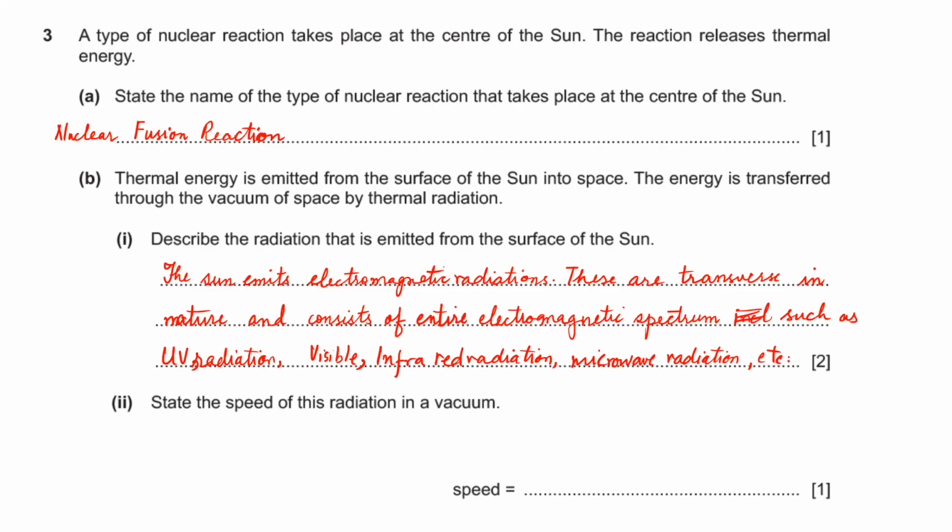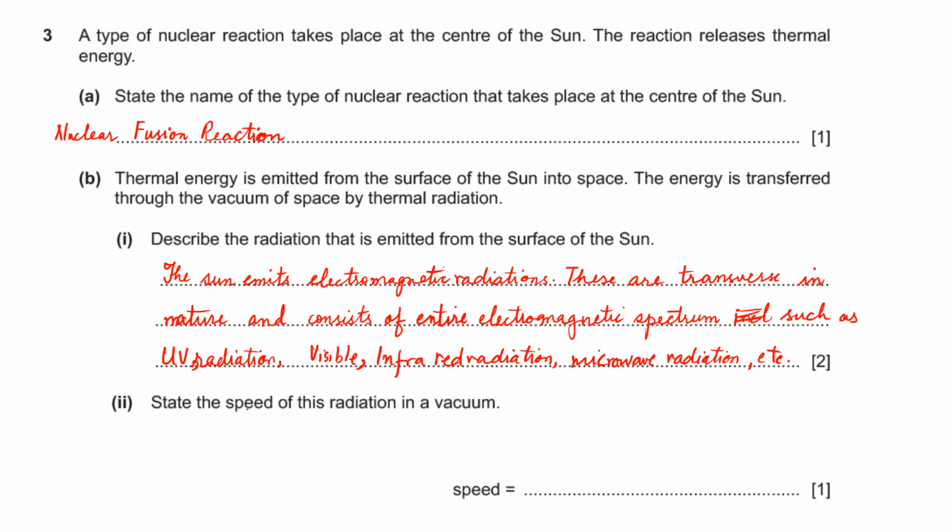So this is what it goes, and generally we can also say that these radiations are basically generated because of the nuclear fusion reactions that are taking place on the sun, and within this nuclear fusion there are these radiations that are emitted.